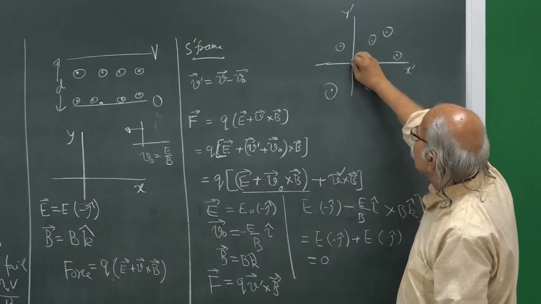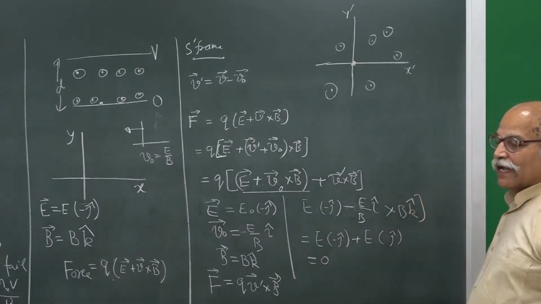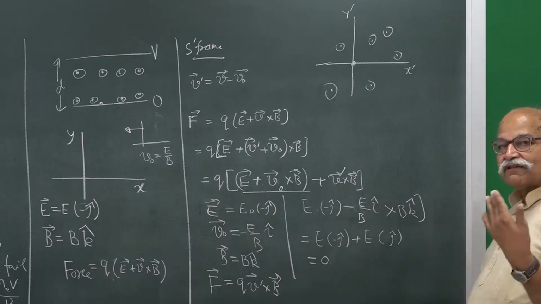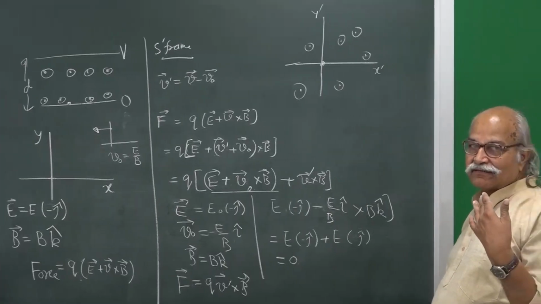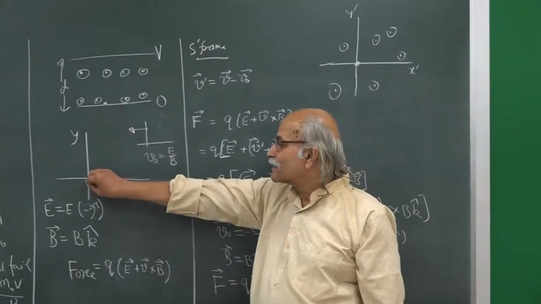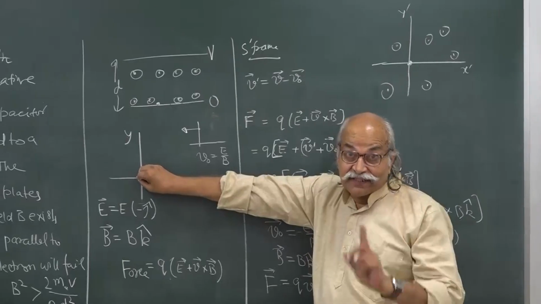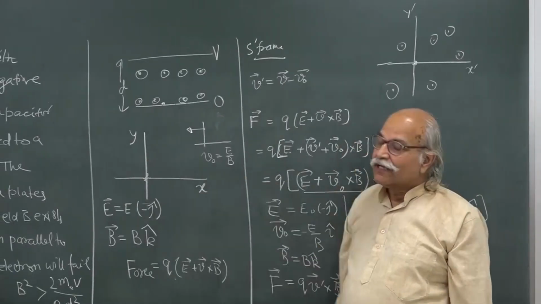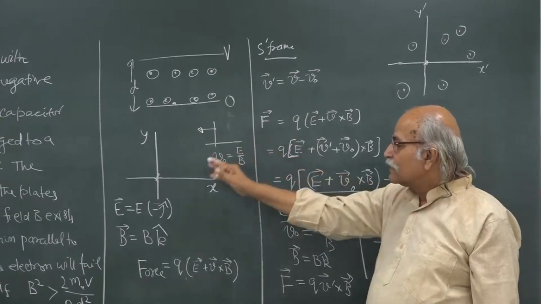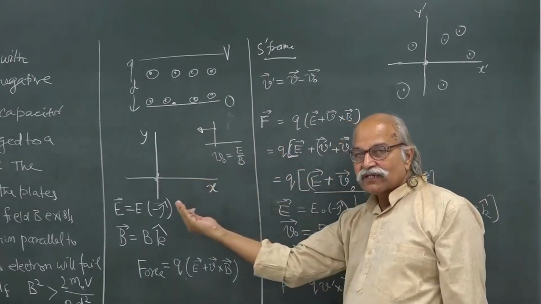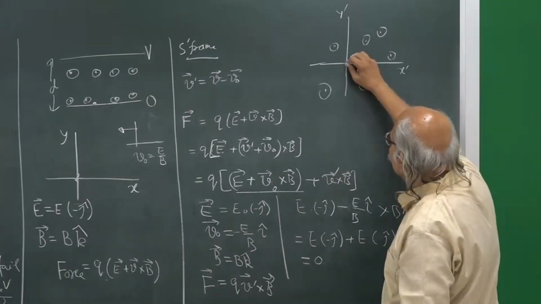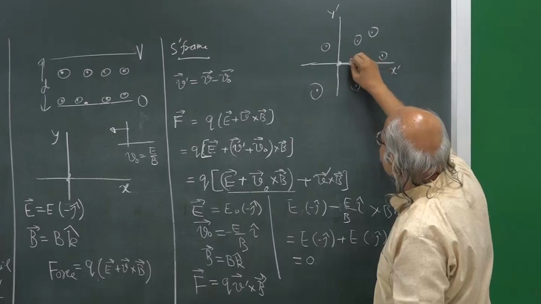The particle, the electron, is here, and this electron now moves in the positive x direction. In lab frame, the electron was at rest at the origin at t equal to 0, and that same t equal to 0 if I see from this S prime frame, then this electron is coming towards positive x axis, and therefore the electron is coming this way.